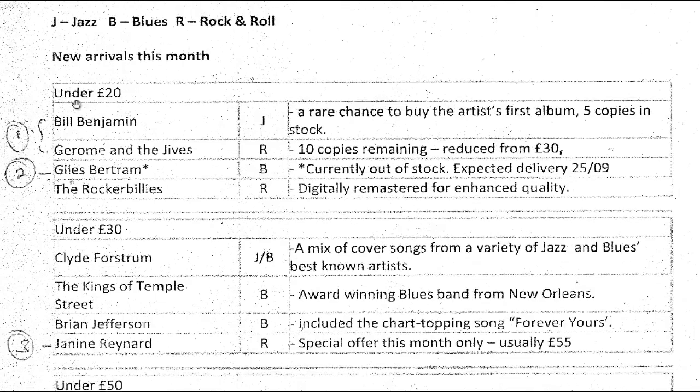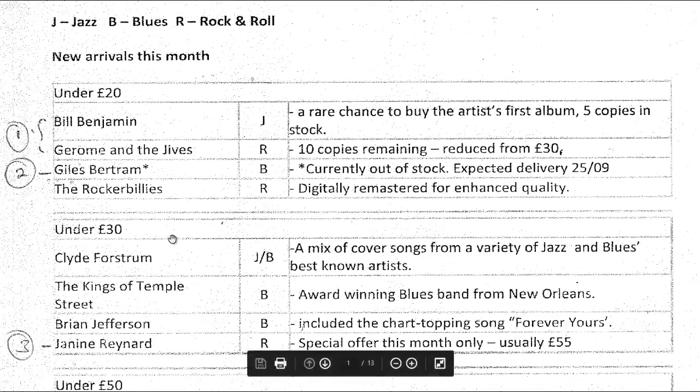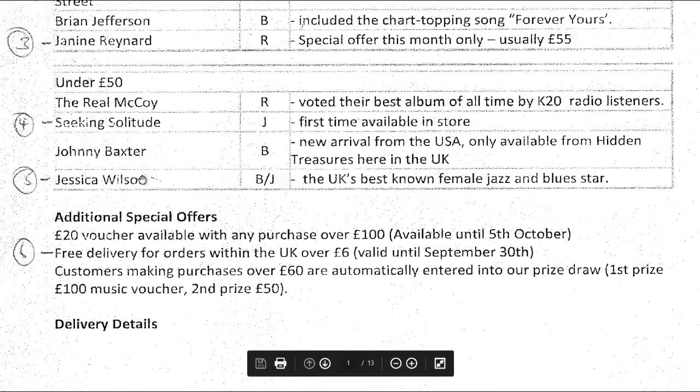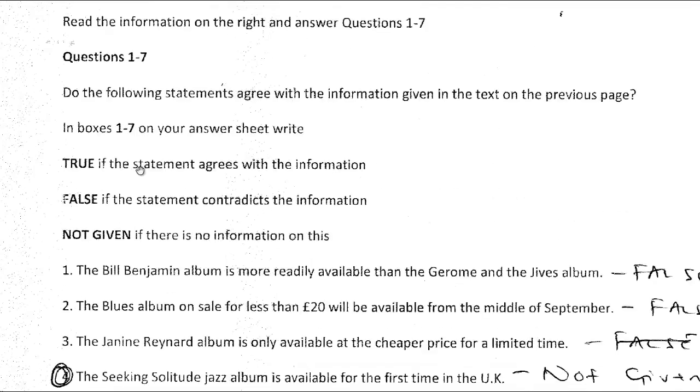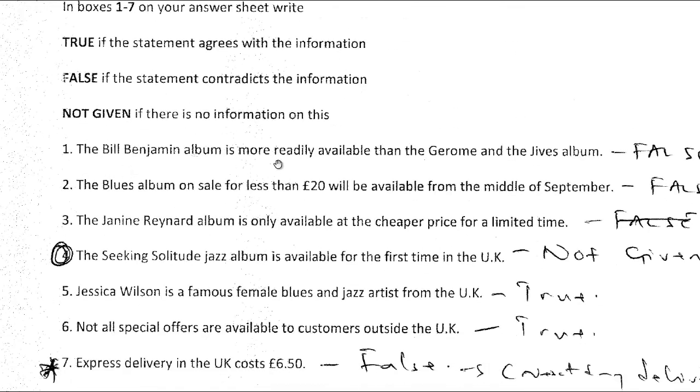New arrivals this month. You have under 20, you have J, R, B. Remember, they've actually explained what these things are. Under this, you have the names of the artists. Are you getting me? You can just go through, then move to the questions and ask yourself, is the Bill Benjamin album really more available than the Jerome Jives album?